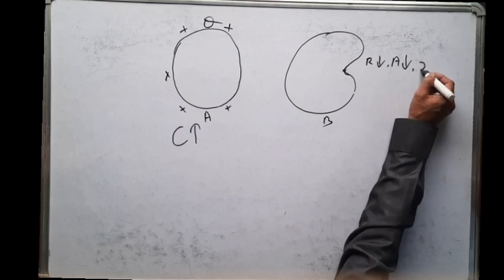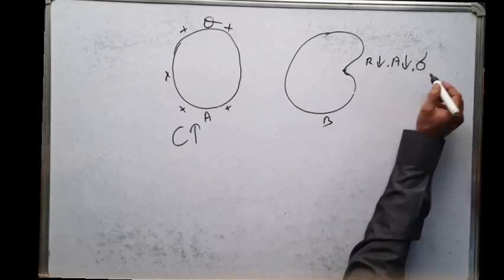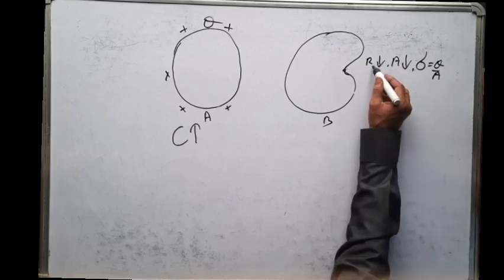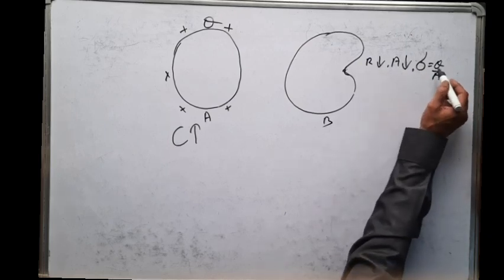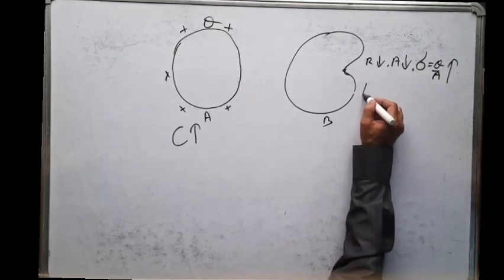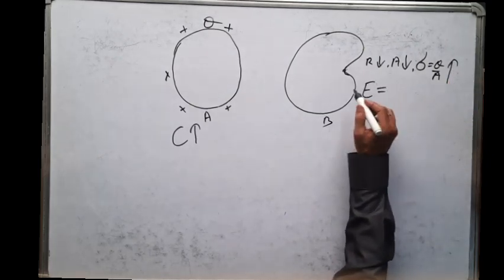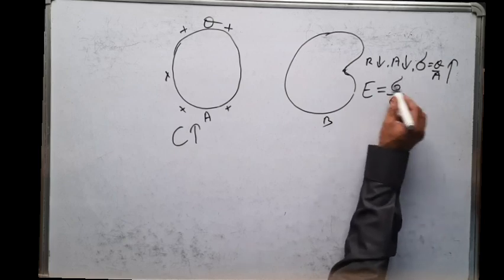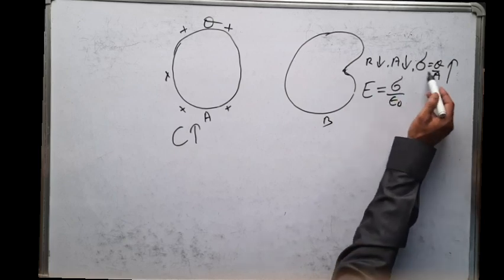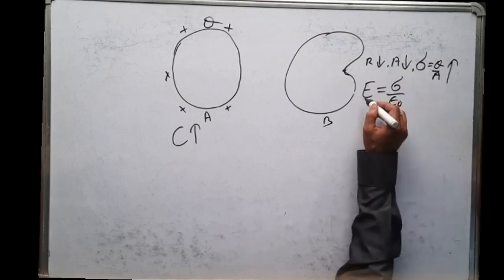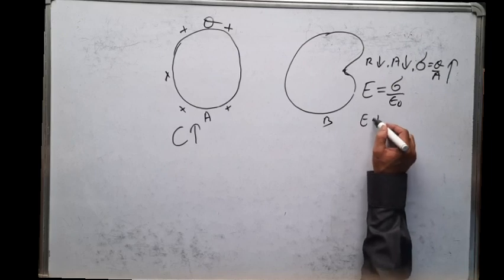What is surface charge density? Surface charge density is charge per area. Since the area decreases, the surface charge density will increase. The formula of electric field intensity for a flat surface like this is directly proportional to sigma. So if sigma, the surface charge density, increases, then the electric field intensity will also increase.